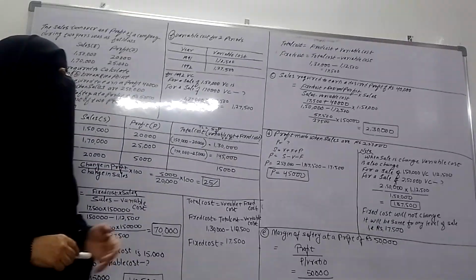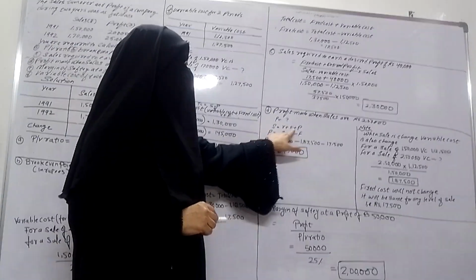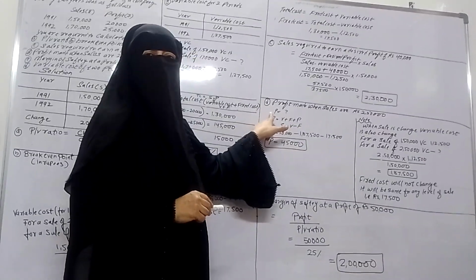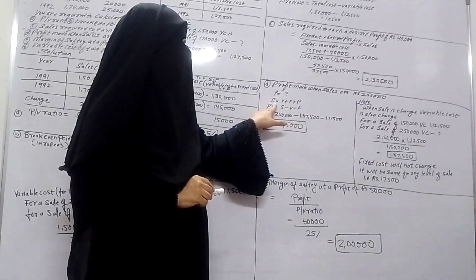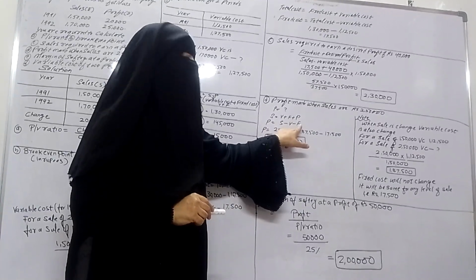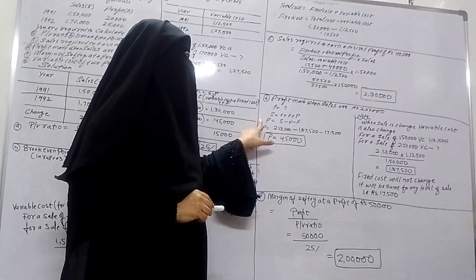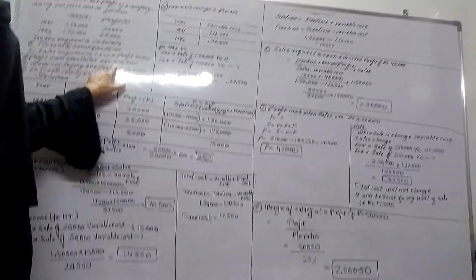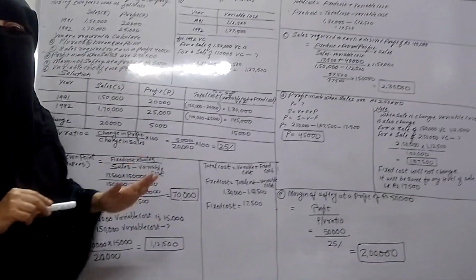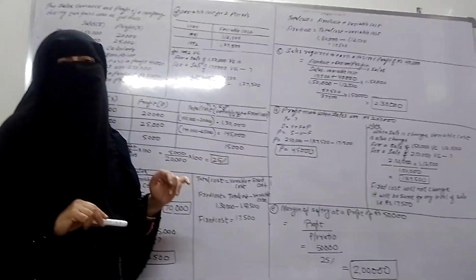The equation is S is equal to V plus F plus P. Here we have to find P, the profit. So for finding the profit, from the sales subtract the variable cost and subtract the fixed cost, and we get the profit. In the question, the sale is 2,50,000.